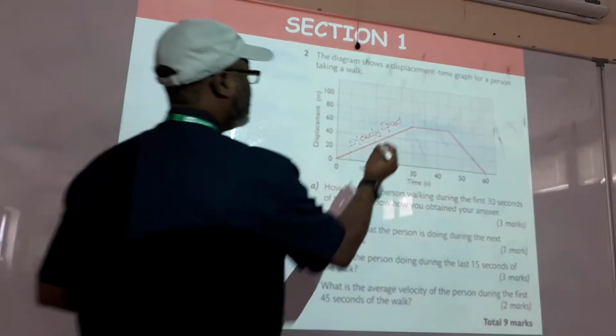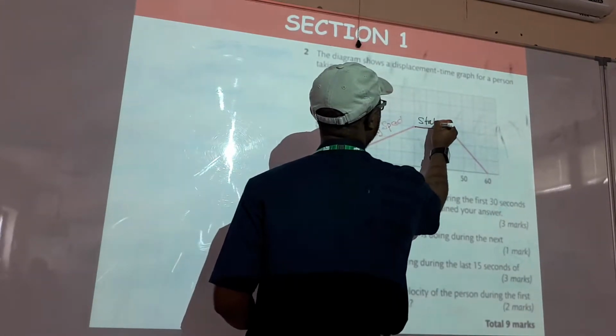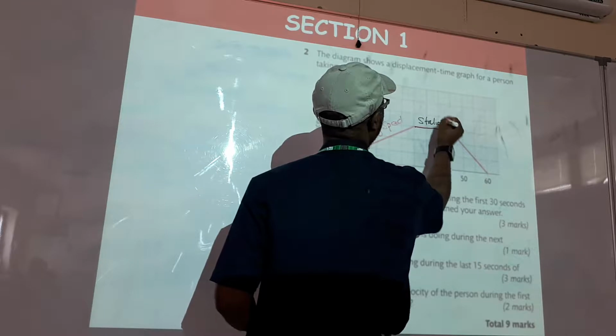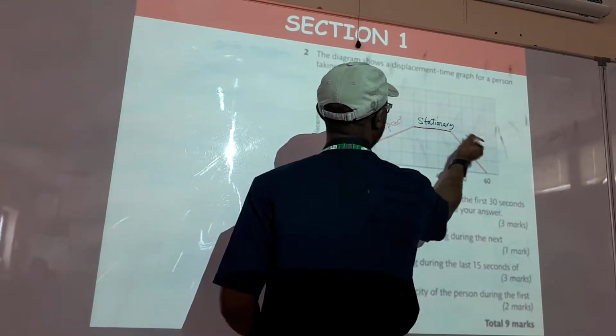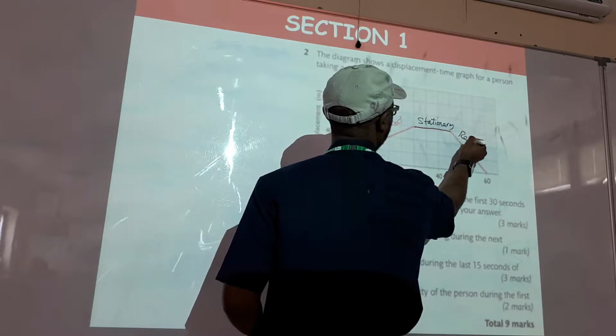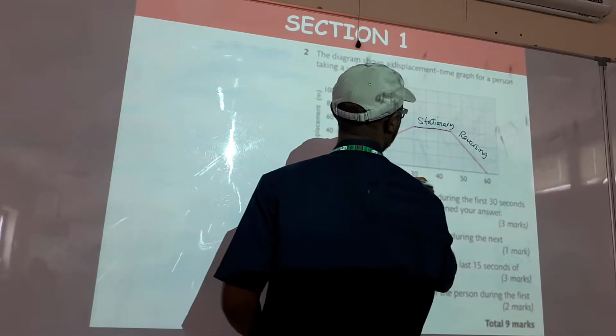The flat line here represents stationary. The downward slope represents steady speed, but going back, reversing at steady speed.